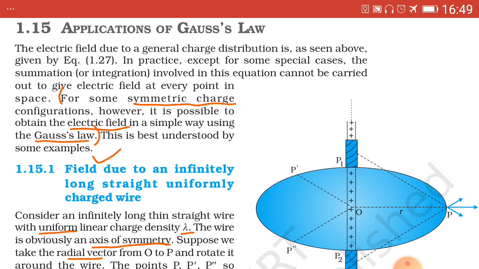The 3 different cases I list up. Number 1 is infinitely long straight uniformly charged wire.